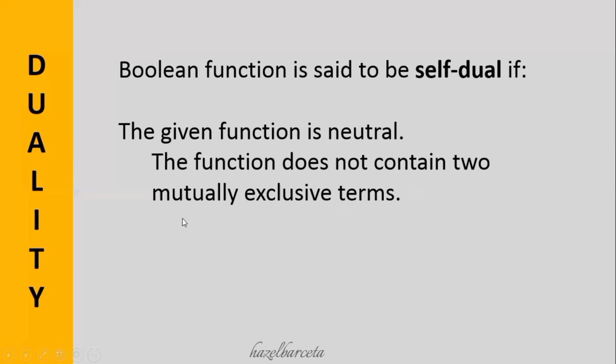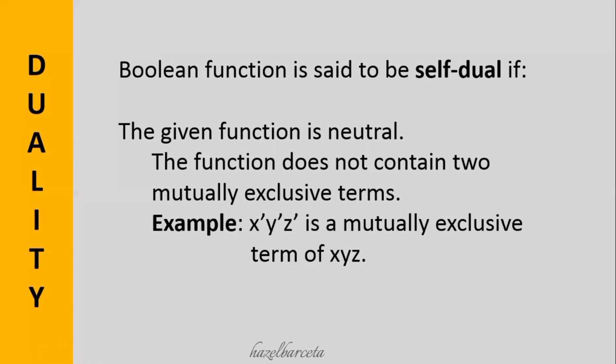Okay, so, two mutually exclusive terms. So, magbigay po tayo ng example. X prime, Y prime, C prime is a mutually exclusive term of X, Y, C. Okay? So, therefore, wala daw po ng complement para maging neutral ang isang function.